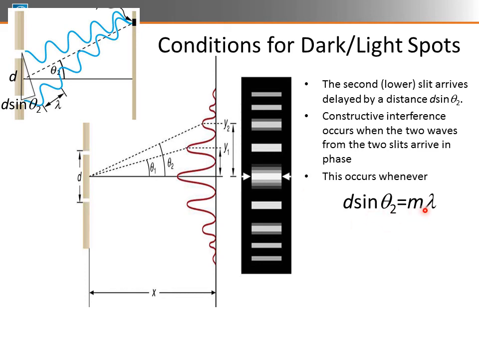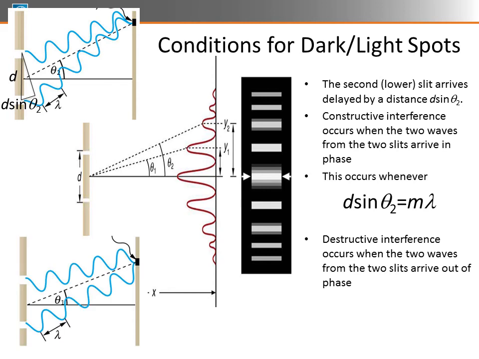If m is a half integer, then it's going to be a dark spot. So again, the destructive one, if that difference between the two, that d sine theta, which happens to be the same theta as this angle here, is equal to 1/2 lambda, then we get a dark spot, or 3/2 lambda, we get a dark spot.